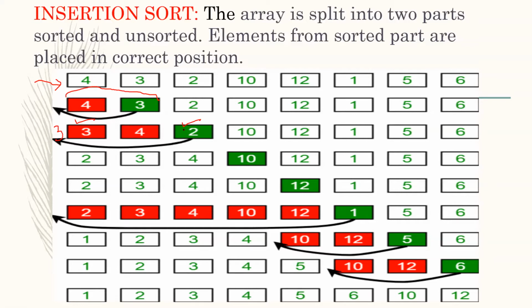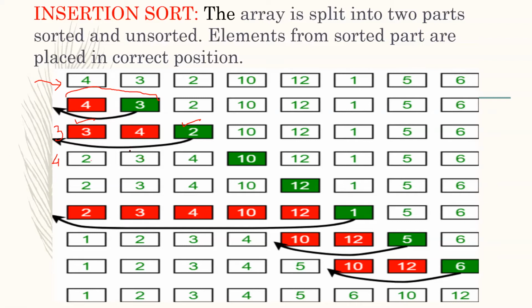So first 2 will be compared with 4, and since it is smaller than 4, it will come before 4, and since 2 is also smaller than 3, it will come before 3. As you can see in the fourth step, first 2, then 3, then 4.